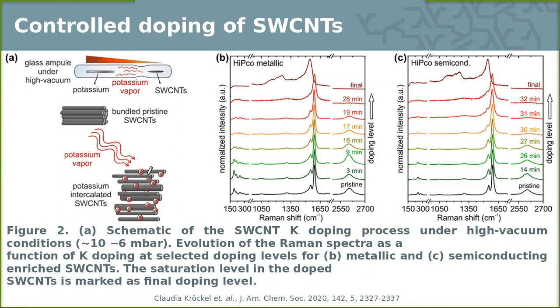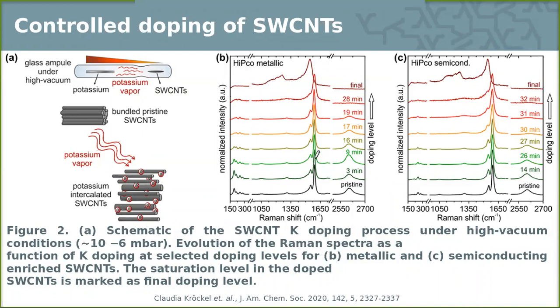During the evolution, the RBM after 3 minutes, 9, 16, 17, 18, 28, and final, we see that the RBMs start to disappear, as we observed at the very beginning. This was the controlled step-by-step experiment that we performed.